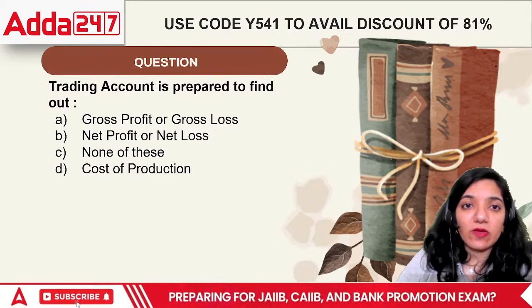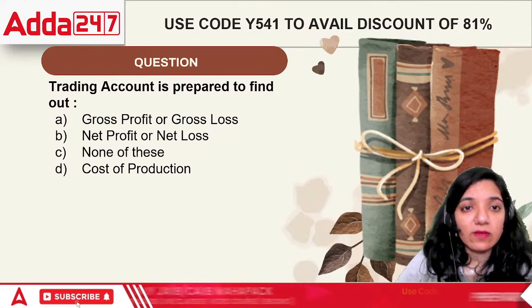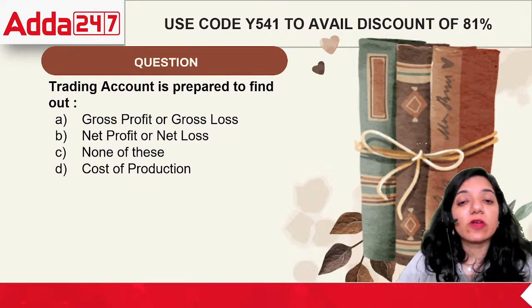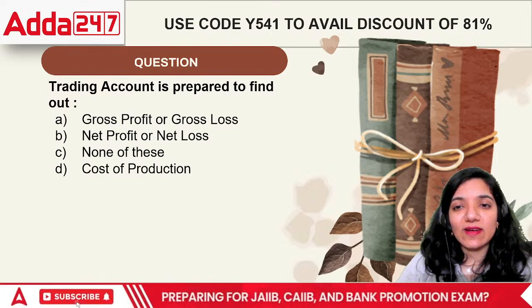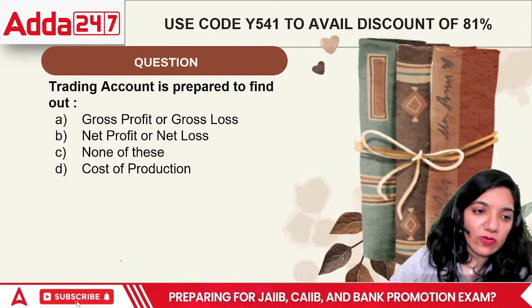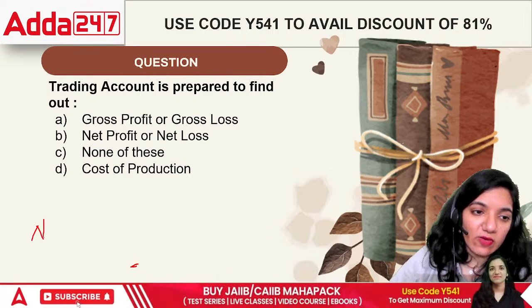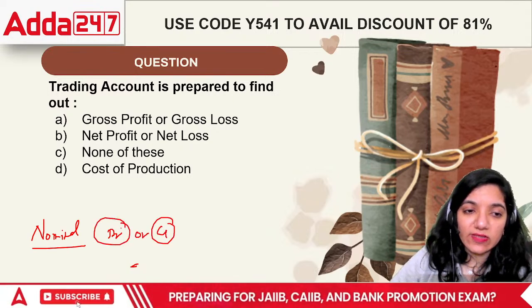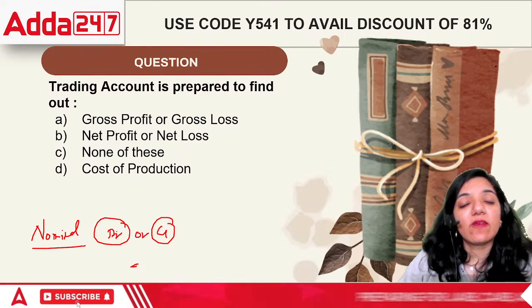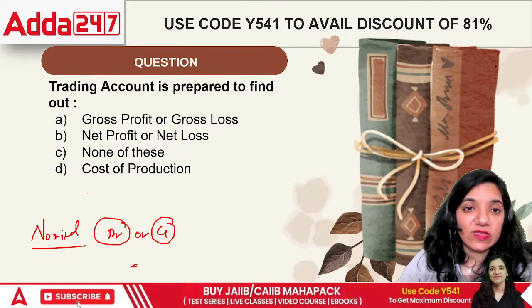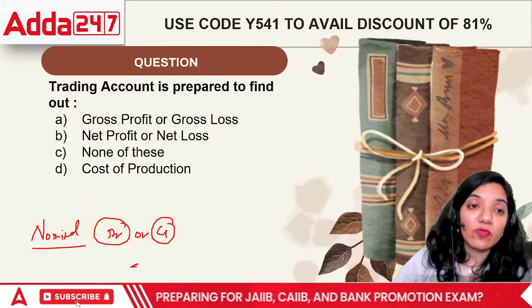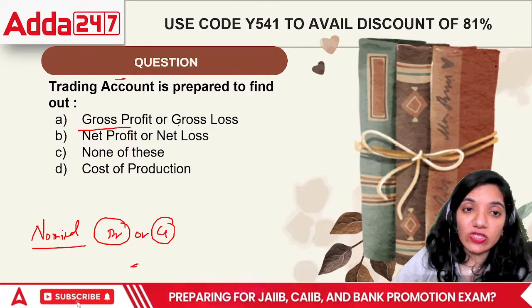Trading account is prepared to find out GP, NP, none of the above, or COP, that is cost of production, everyone. For what particular purpose do we find out the trading account? Number one, the trading account is a nominal account. We call it a nominal account. Why? Because this particular account finds out the debit side or the credit side of the business, right? Then the balancing figure of the trading account would be GP or GL.